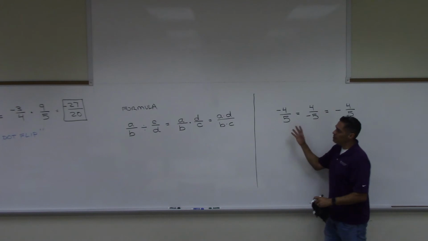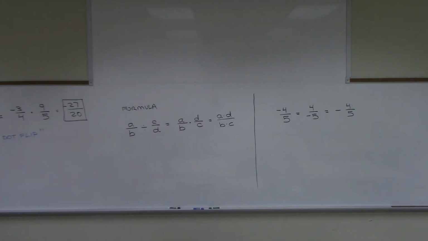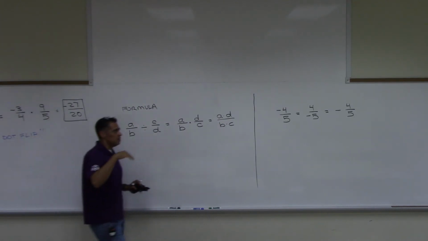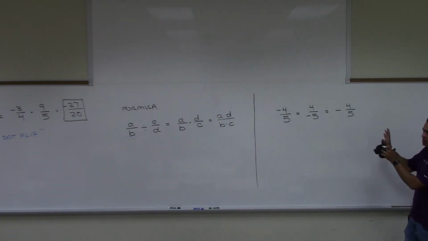So if I were to ask you to multiply, like over here, you could have put the negative on the bottom with the 4 and then multiplied, did your thing over here, and it would have still given you a negative, but the negative would be down here instead. So negatives can float. I don't think that's what you were asking me, but just so we're all clear on that, okay? Anything else? Do y'all want me to move to addition and subtraction now? Y'all ready to add and subtract?